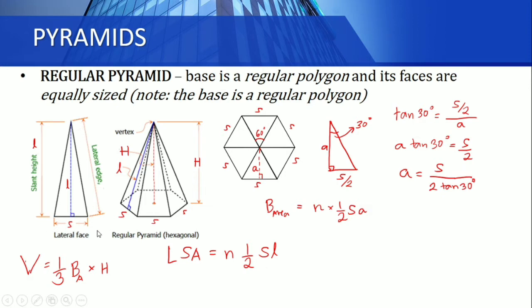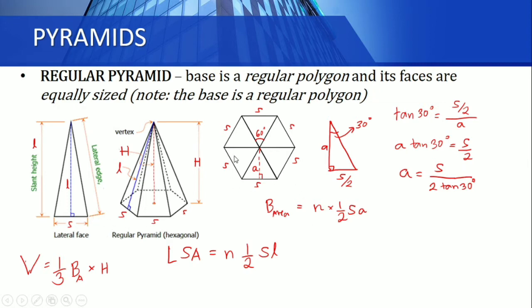So, area ng lateral face natin is 1/2 S times L. So, yung L, yun yung magiging slant height kapag kinuha. Slant height ng ating pyramid, yun yung magiging height ng ating triangle or yung faces ng pyramid natin.